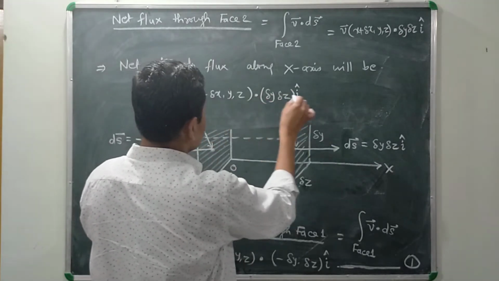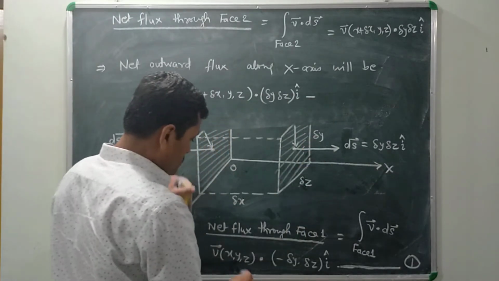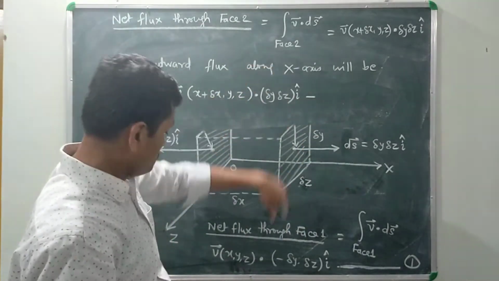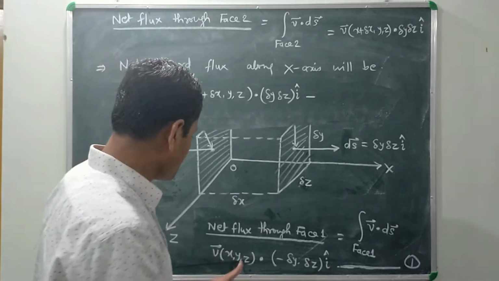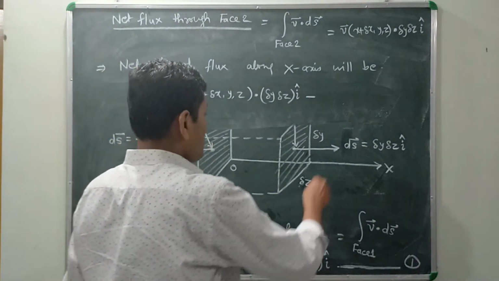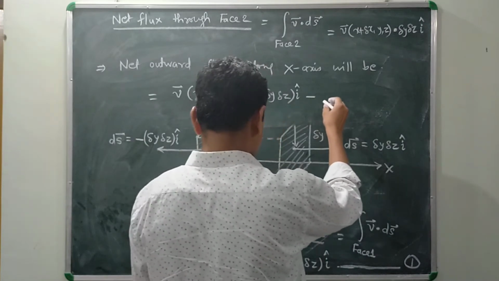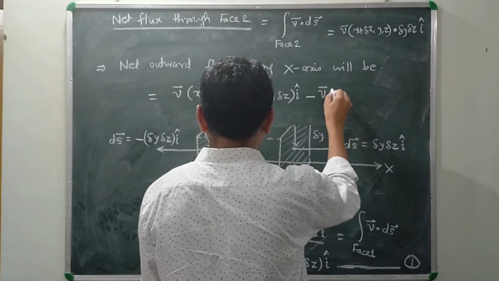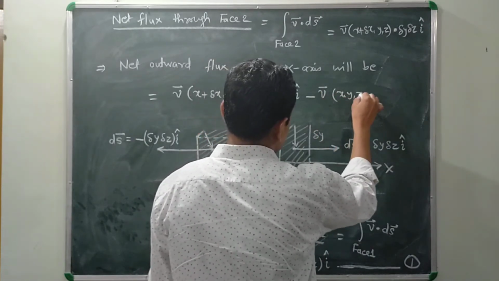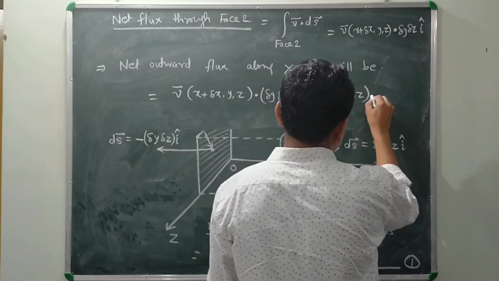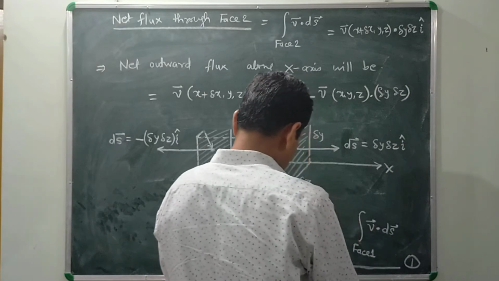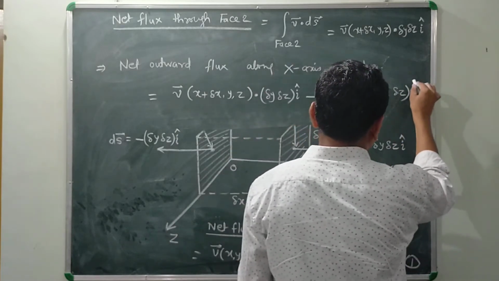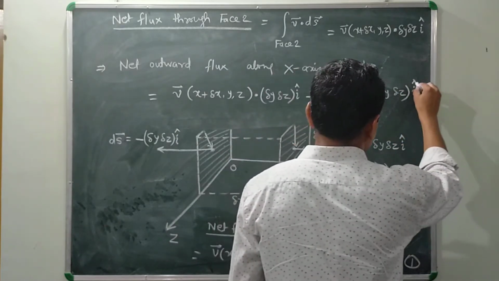This is dot product. Then we are summing up these two. So here there is a negative sign. This will be equal to minus of v(x, y, z) into delta y delta z into i cap.